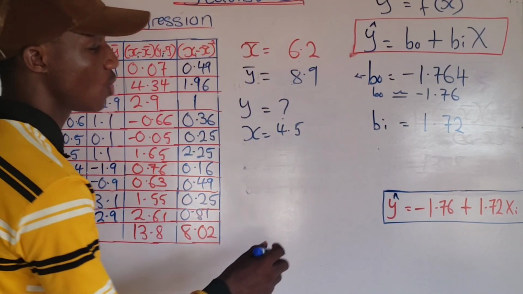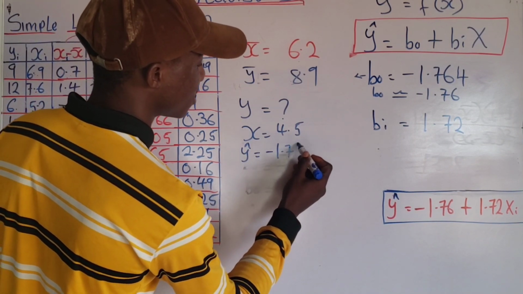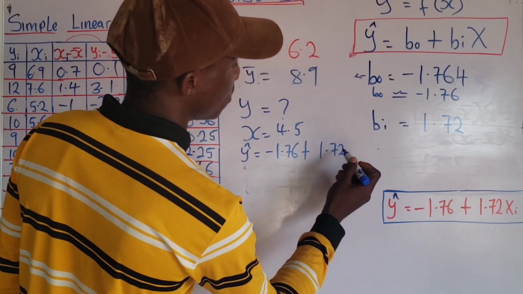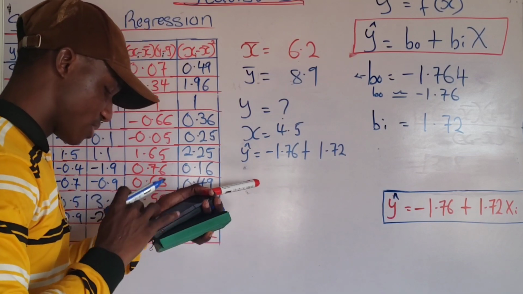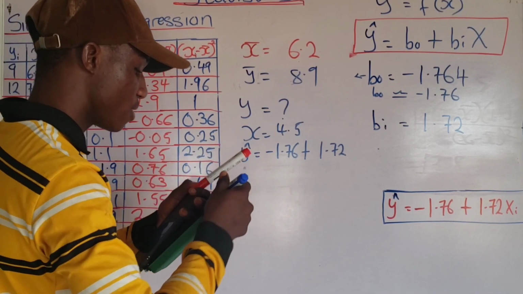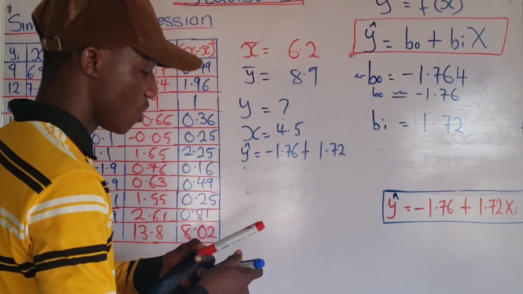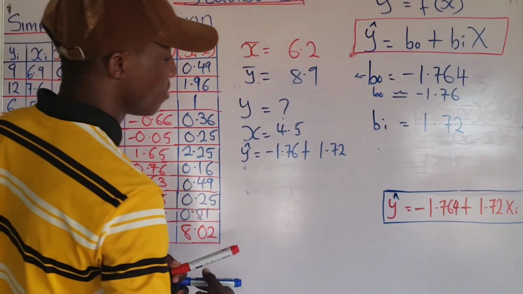The predicted value of y is equal to negative 1.76 plus 1.72 multiplied by x. Let me just check something here. The regression equation is negative 1.764. Put 4.5.